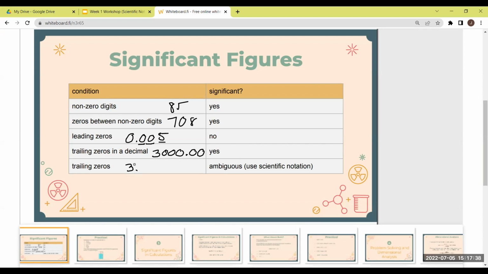So if I just put, for example, 3,200 right here, you could say that there might be 4 significant figures because there's 1, 2, 3, and 4. But you could also say that because we don't count the trailing zeros, we only count these two, so there are 2 significant figures.